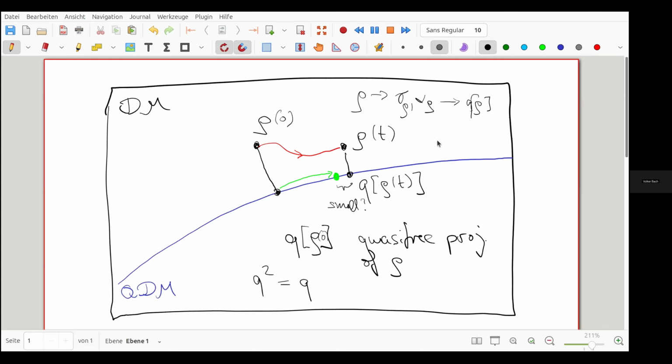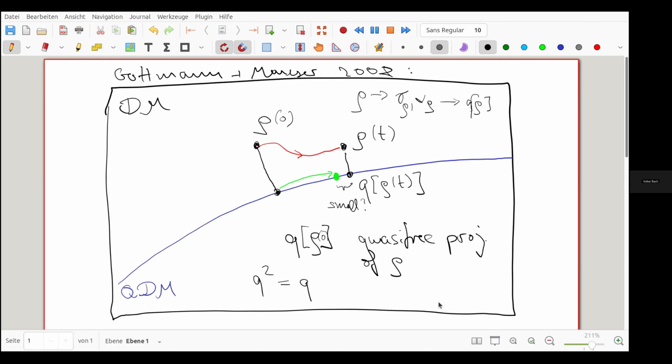Now, these are nice pictures, but the question is, can we make this more substantial mathematically? And there's one important observation that you may or may not know, that was made by Gottman and Mauser in 2008.